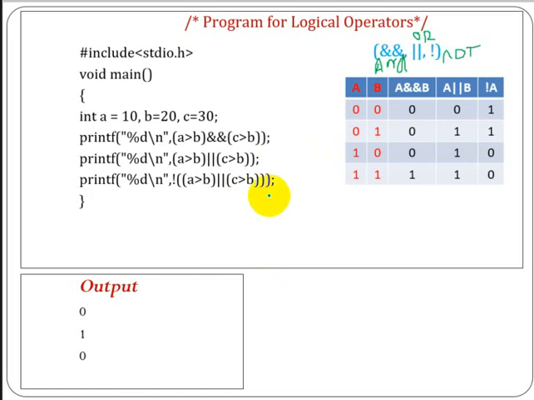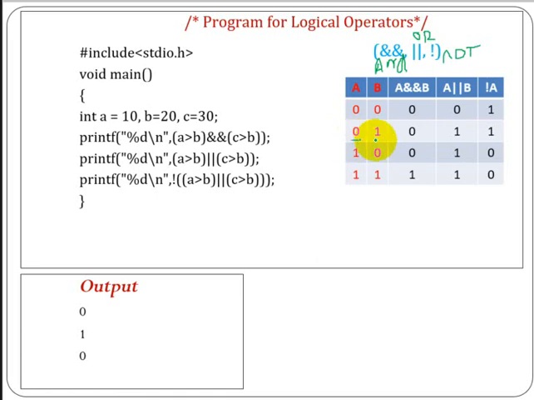So say the truth table for AND. Say now I will consider A and B values as an input. Say the first expression will provide me a 0, and then the second expression also provides me a 0. At that time the AND, what it does is, if both are 0 we will get the output as 0. So these logical operators are also going to return true or false. Now assume the first expression gives 0 and the second expression provides true.